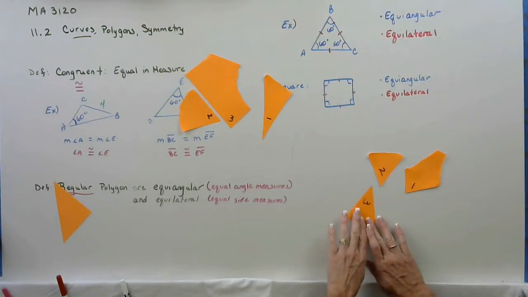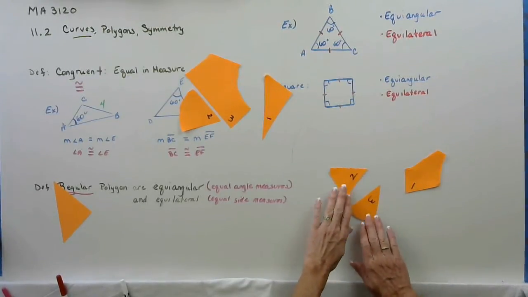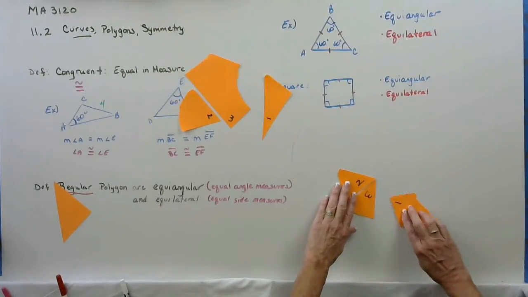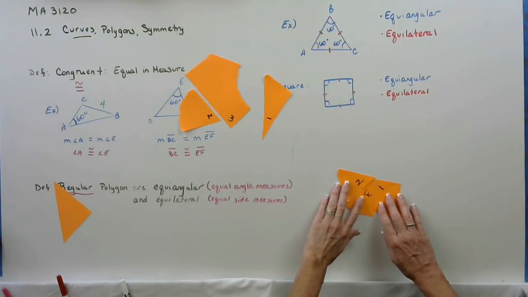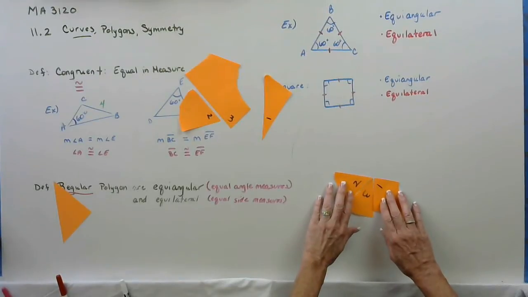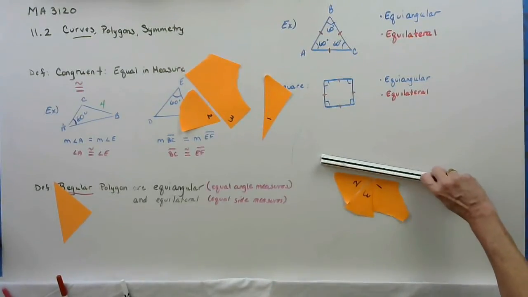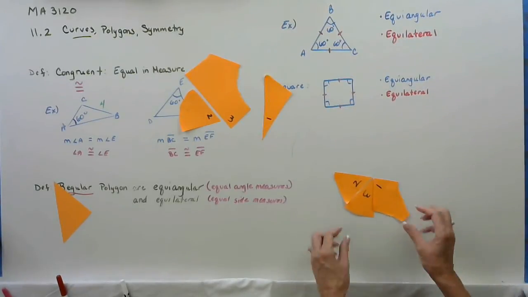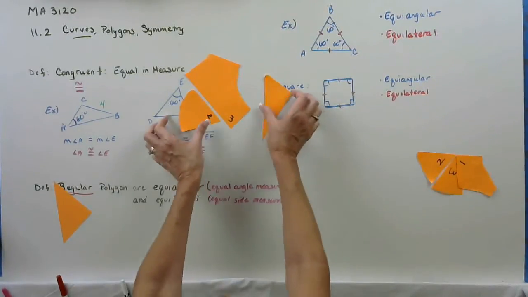Have them add them in any order at all. And what we'll find is, no matter how you add those 3 angles together, you will always create a straight edge or 180 degrees. So it's a really nice little technique.